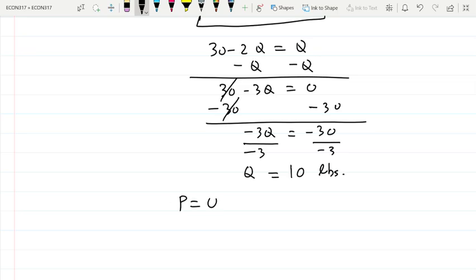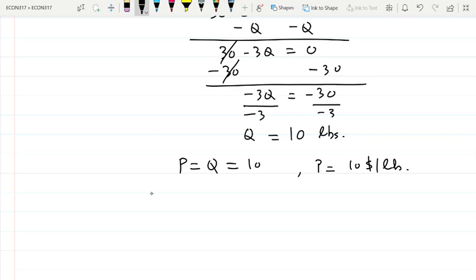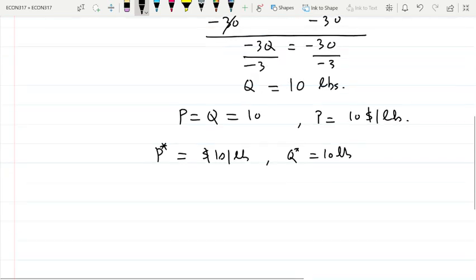Inverse supply is P equal to Q. I know Q is 10, so price is $10 per unit. And so this is the market equilibrium. We will denote it with a star. So price is $10 per pound, quantity is 10 pounds, is the market equilibrium.